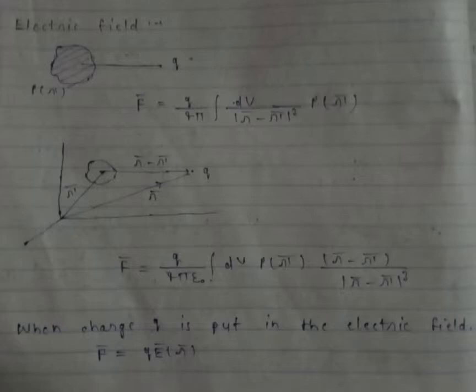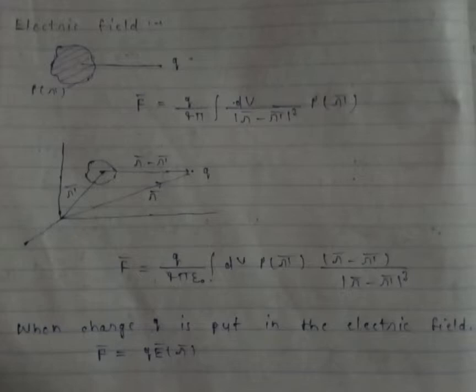The question we ask now is, do I always need the other charge to find the force, or does this original charge distribution itself do something in the space so that the other charge q feels a force? Let us understand that. What we are going to now say is that this charge distribution given here, rho r prime, itself creates a field around it.